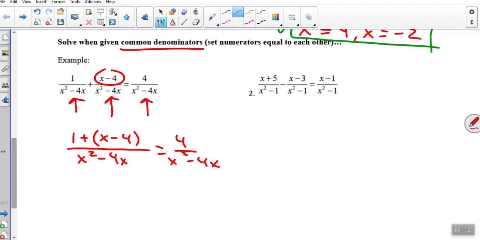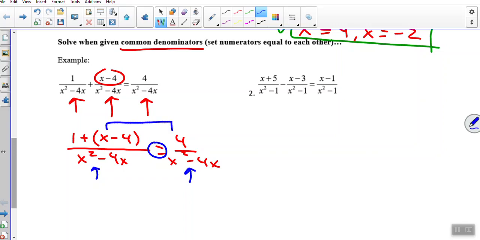Okay? So let's think about this logically. Do we want to combine this and try to cross multiply? You could do that and you'll get the same answer. But this is an equation. The denominators are the same. For this equation to be true, that means the numerators have to be the same as well.